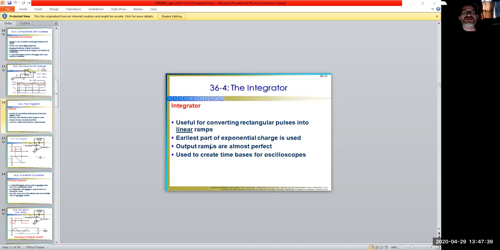The reason we would do these things is we start getting into timers with them. We can set these up and give us specific values.